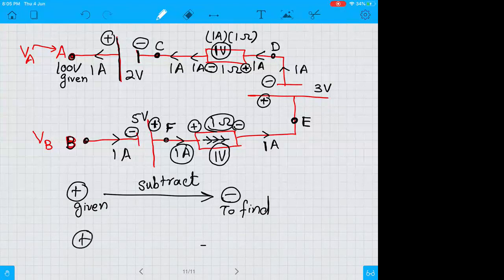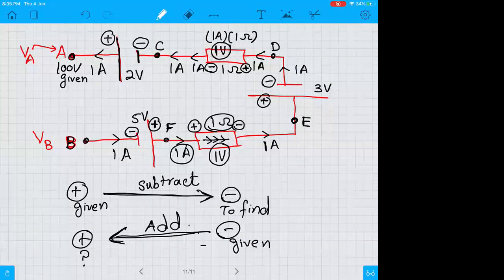If given is on the negative side and what you have to calculate is on the positive side, then you have to add. So if you move from negative to positive, you have to add. If you move from positive to negative, then you have to subtract.